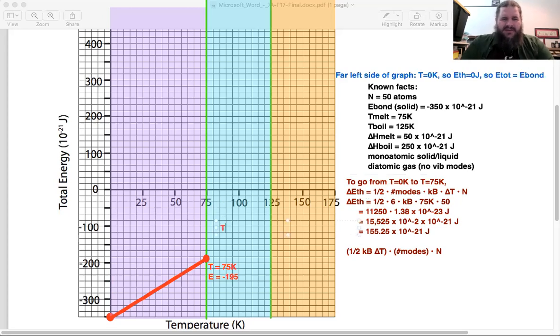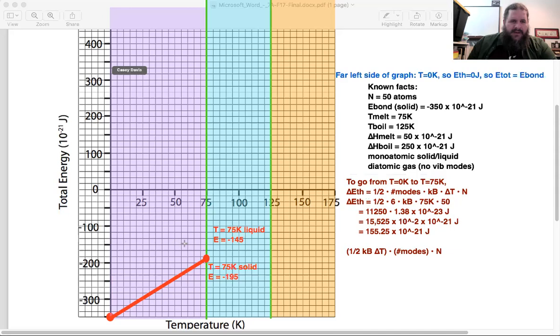So our new state is now still 75 Kelvin, but now liquid. I should probably specify that in the other one as well. That was 75 kelvins in solid form. We're now at 75 kelvins in liquid form with an energy of negative 145, because we've added an extra 50 to change it to liquid. So let's mark that on the graph.